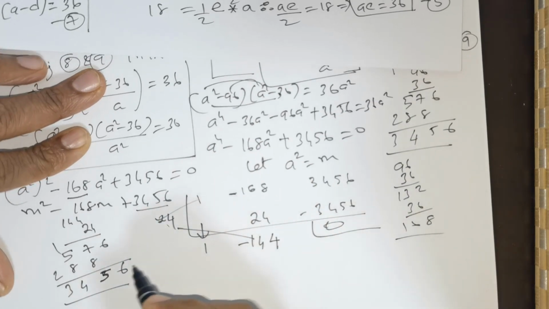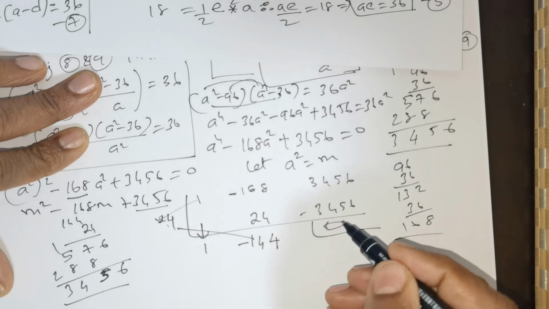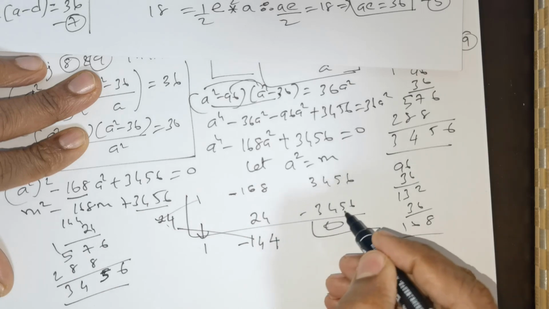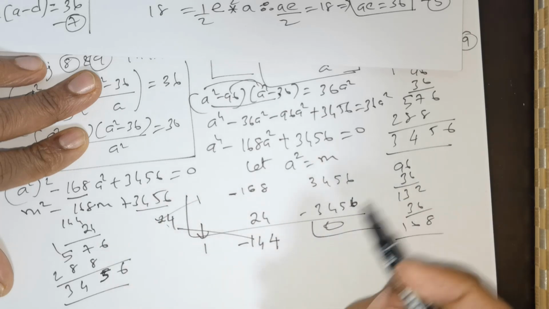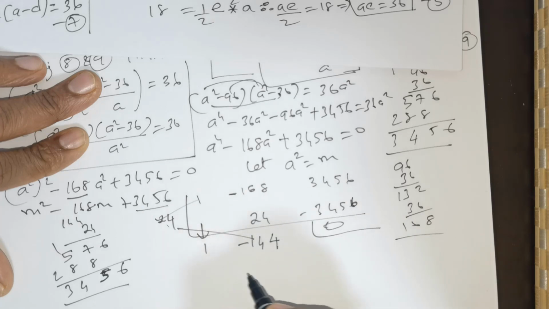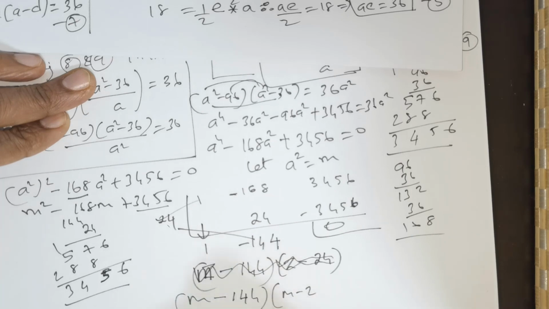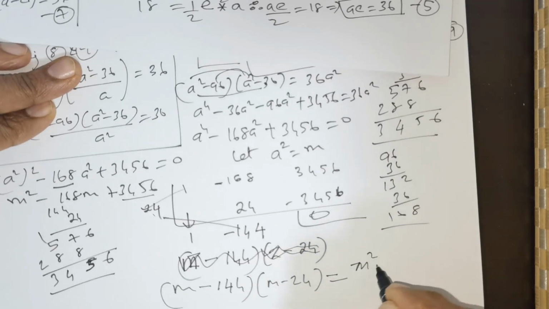Of course, you should have some element of divisors and factors to pick out this, and that comes by practice. So this is going to be the quotient, and this is the remainder. So M minus 144 and M minus 24 will be equal to M squared minus 168M plus 3456.